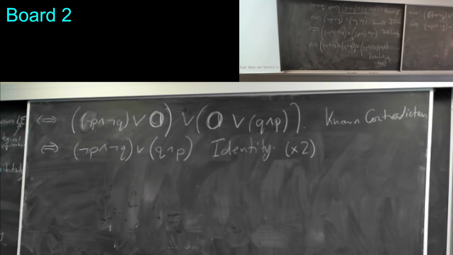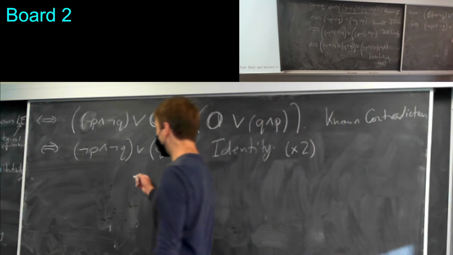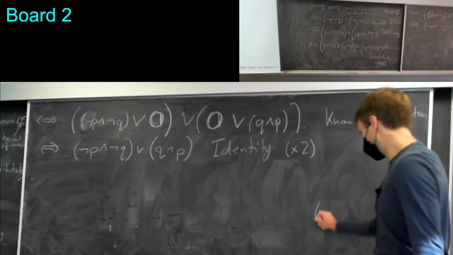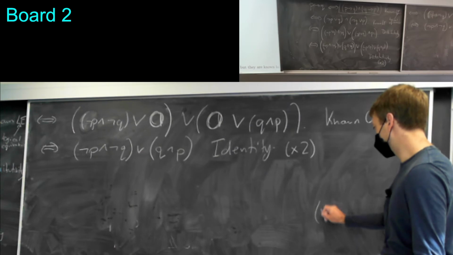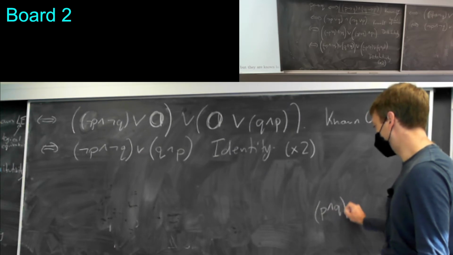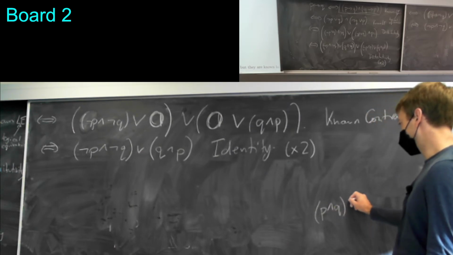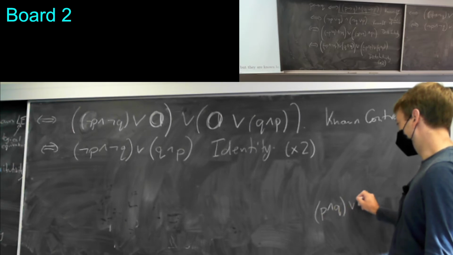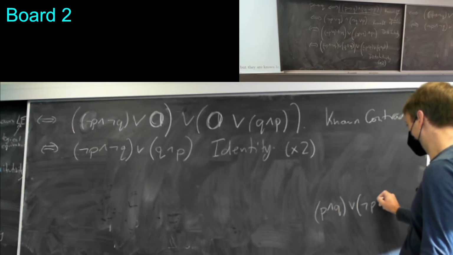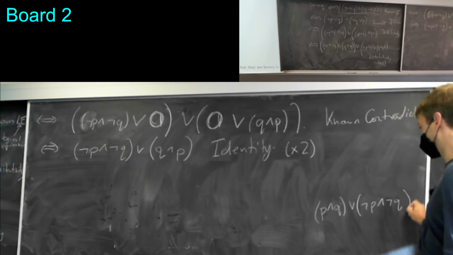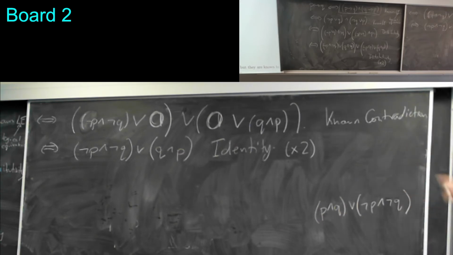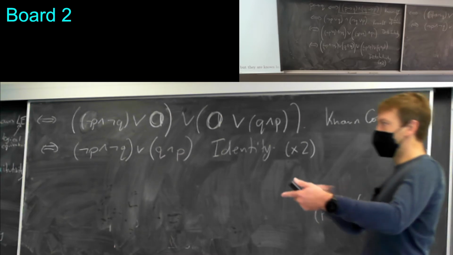Okay, and now I've actually pretty much got what I was aiming for. To say what I was aiming for, the final thing I wanted was this or this, right? Which is practically what I've got, except things are all scrambled in the wrong order. But I can reorder everything, right?